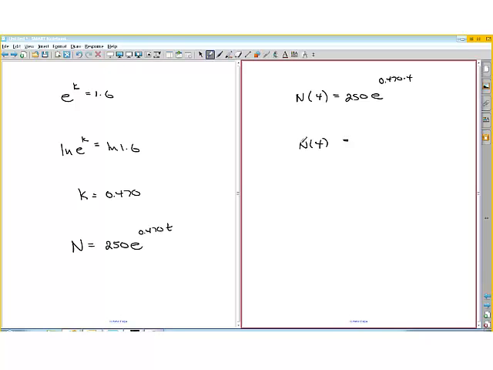So we do that in our calculator: 250 times e to the 0.470 times 4. So that's what you put in your calculator. Push enter, and we get 1640.